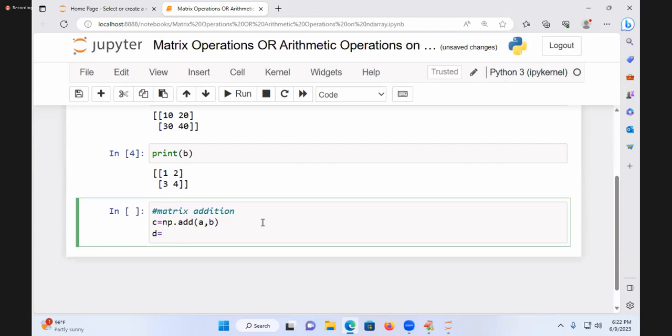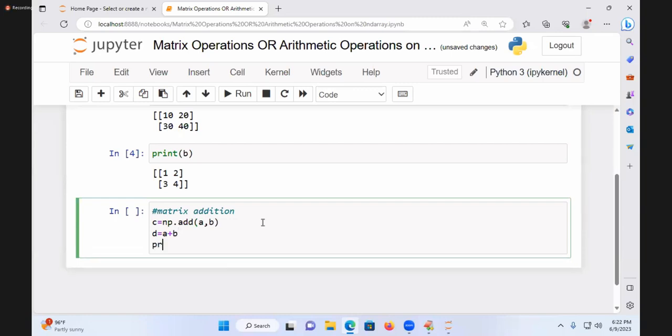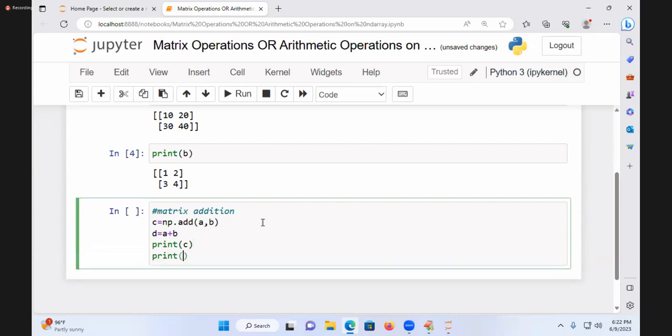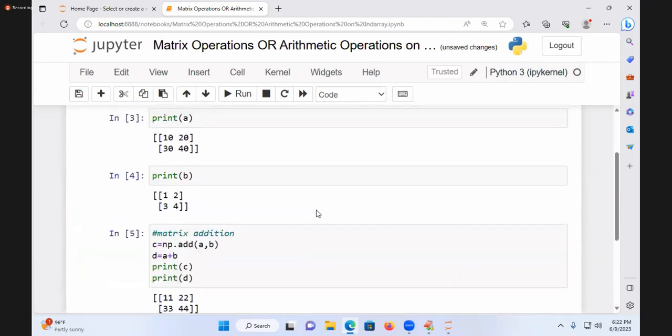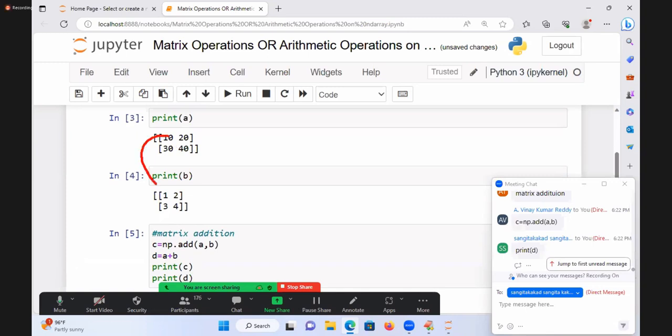D is equal to what? A plus B also I can do. Print of C and print of D. Both of them will give the same answer or not? What is the answer? Addition. 10 plus 1, 20 plus 2, 30 plus 3, 40 plus 4.